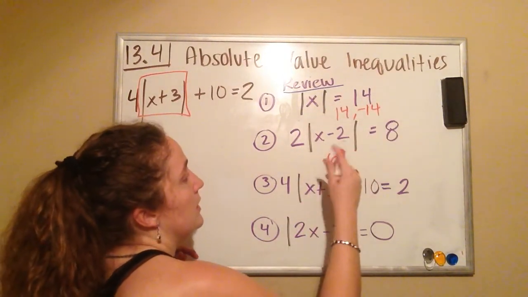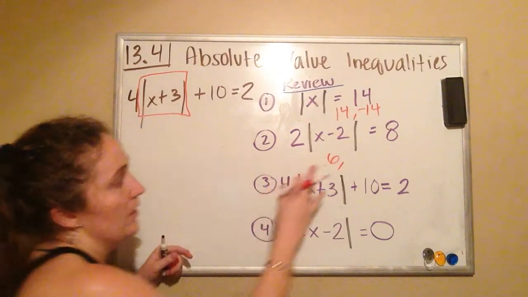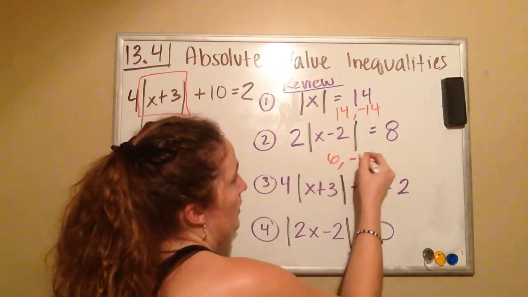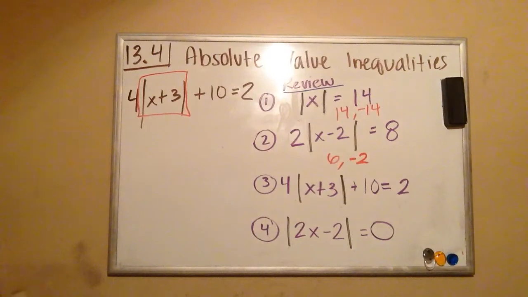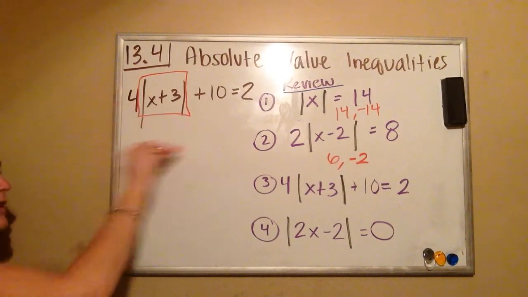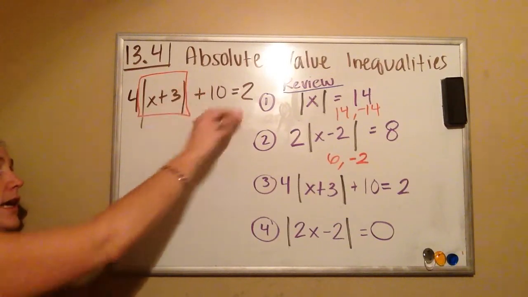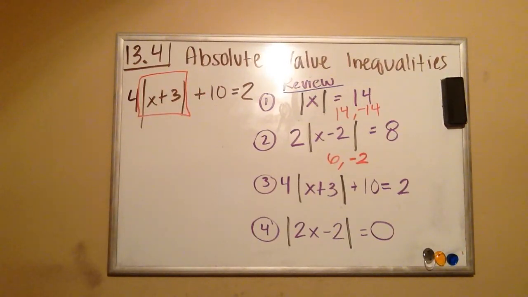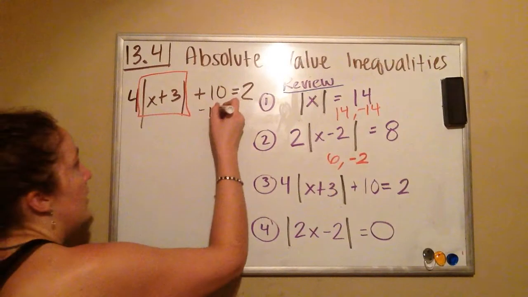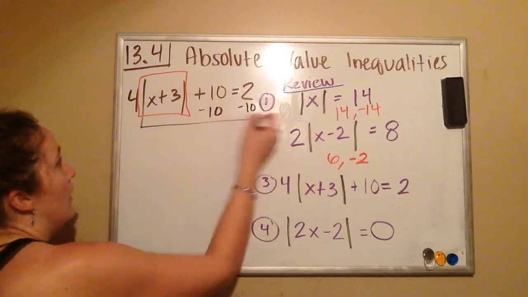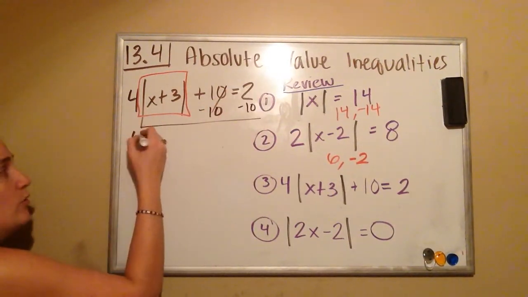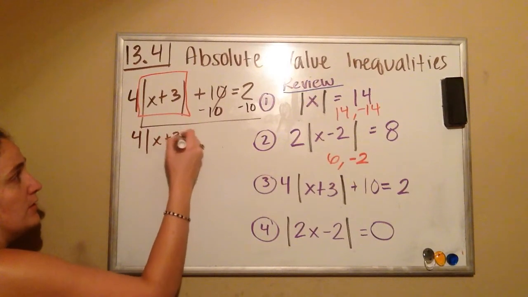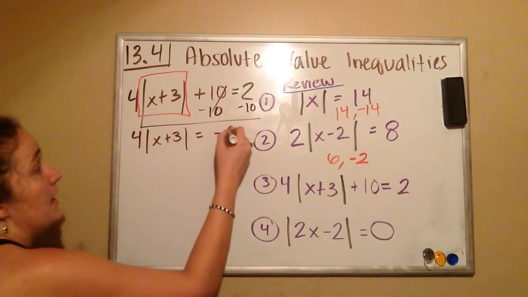The way that we do that is that 4 has to move to the other side, and that 10 has to move to the other side. So we're going to subtract 10. You get 4 times the absolute value of x plus 3 equals negative 8.